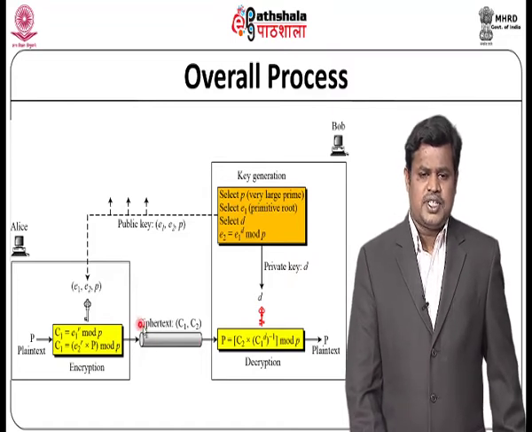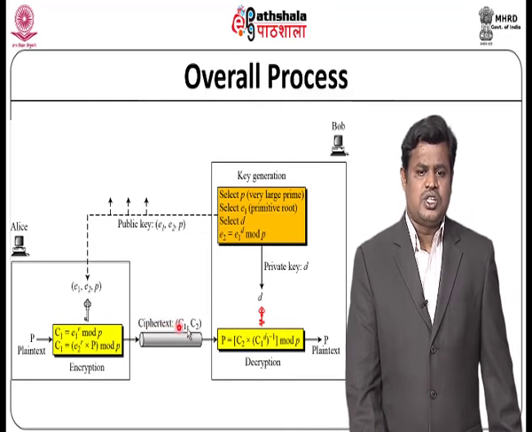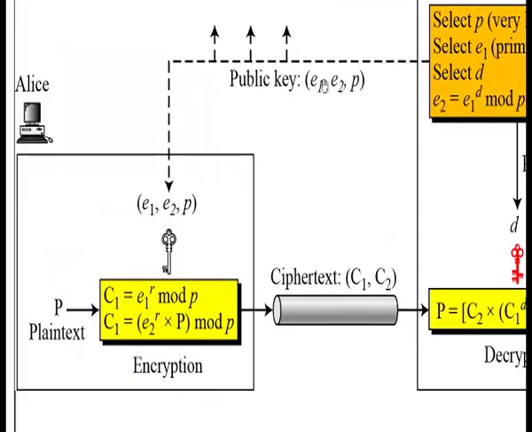As we can see, there are 2 ciphertexts, C1 and C2. Here you can see that the public information shared between Alice and Bob is E1, E2 and P. This public key is shared between Alice and Bob; suppose Alice wants to send Bob a message, then this is the public key of Bob.